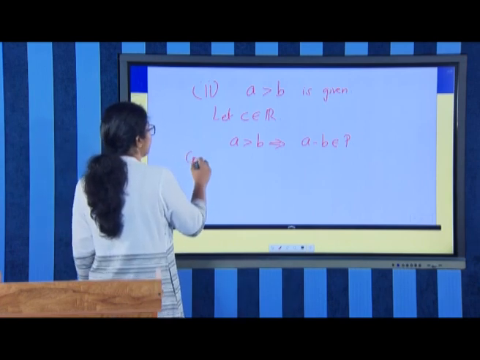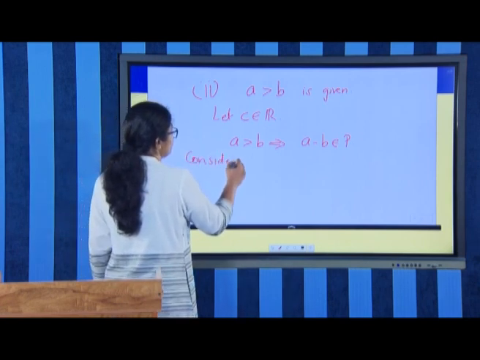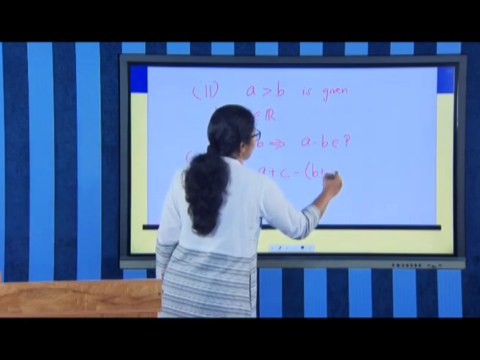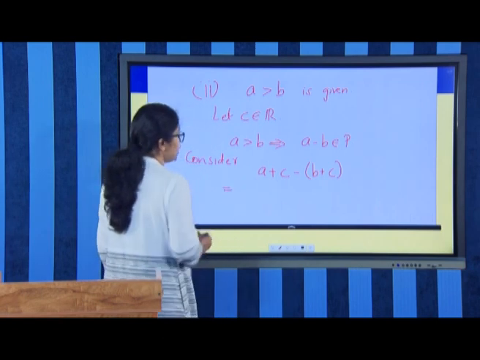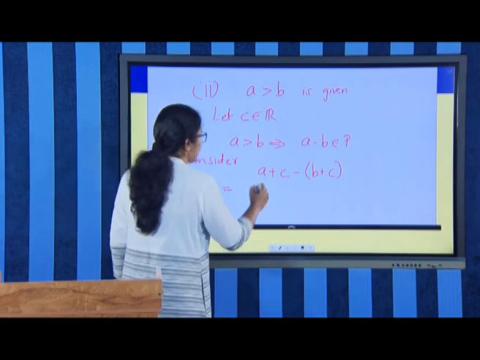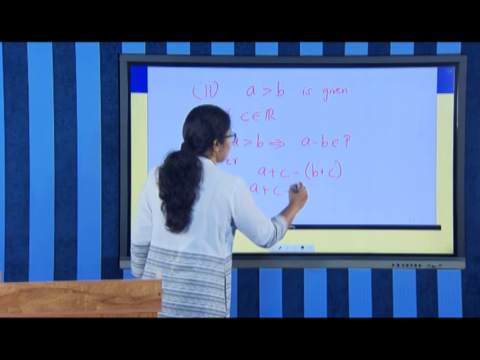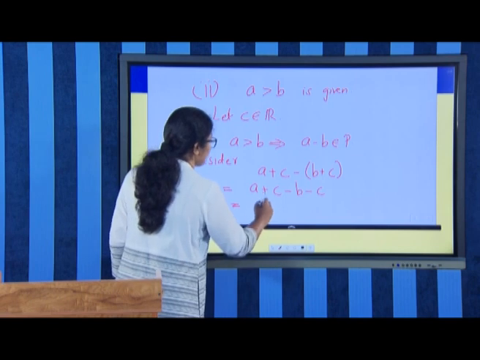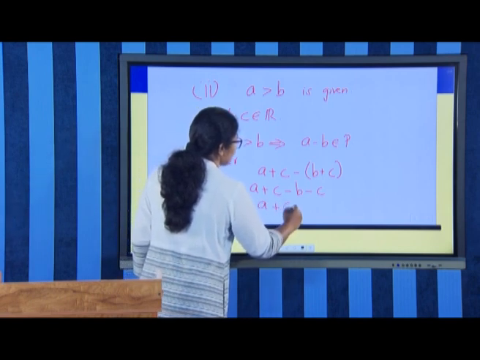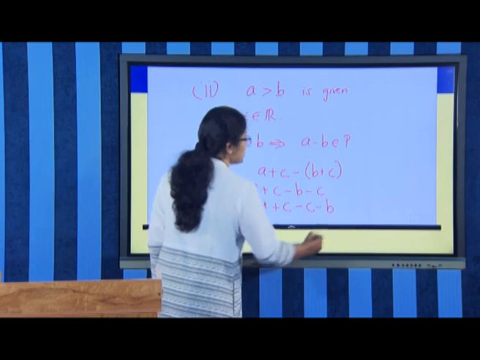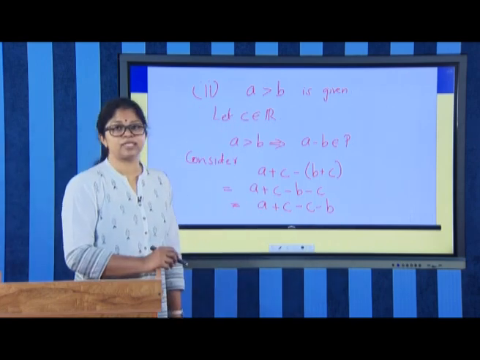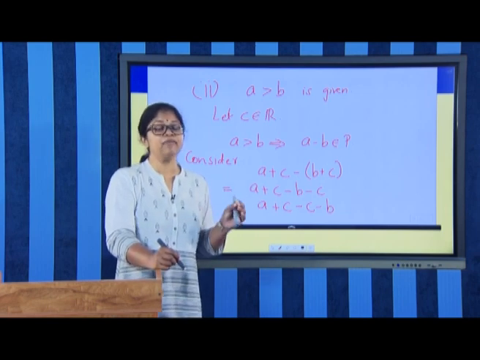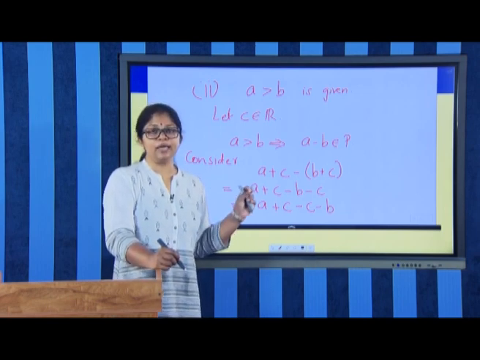Now, you consider A plus C minus B plus C. What is this? This is equal to A plus C minus B minus C, that is exactly same as A plus C minus B, because we have seen in the previous session that addition is a commutative operation in real numbers.